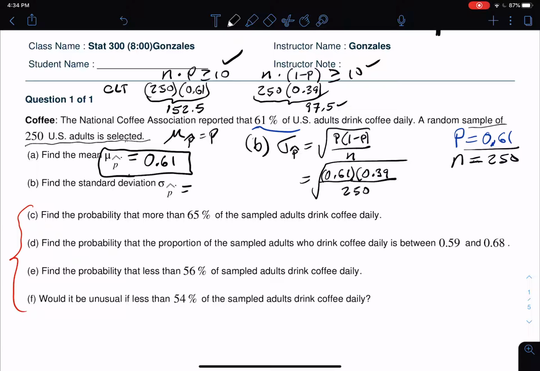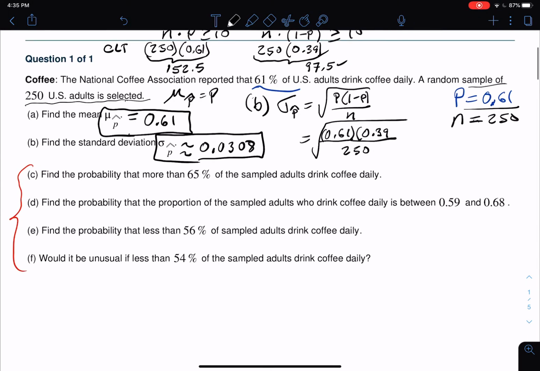And so if you put that in your calculator, then divide by 250, and then hit your square root button, we will get an approximate value of approximately 0.0308.